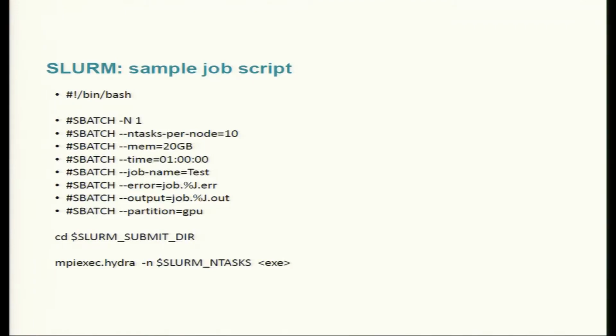This is a sample job script of a scheduler called Slurm, on Shrestha that we have been accessing. So we have the Slurm job scheduler. Till now we have not used it.